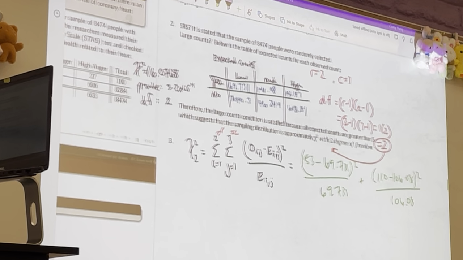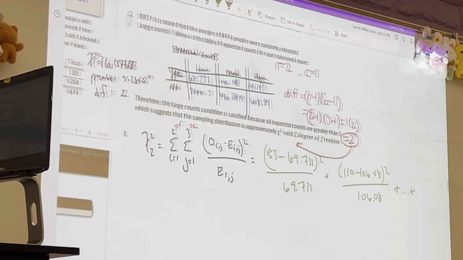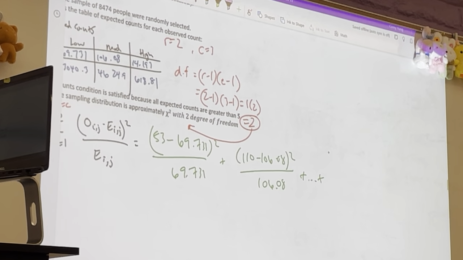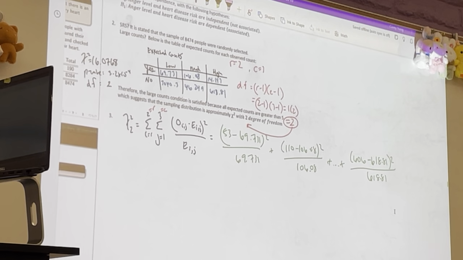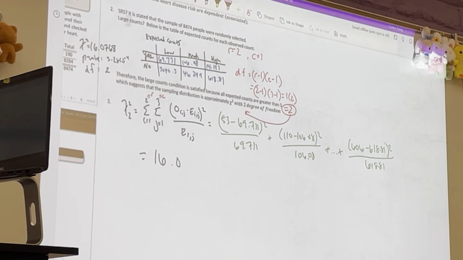And then at this point, I'm just going to do the dot, dot, dot, and skip to the last one. I'm assuming that the reader could fill in the rest of them, which is 606 minus 618.81, squared, divided by 618.81. Okay, so once you have a few of them plugged in, your chi-square test statistic is 16.0768.